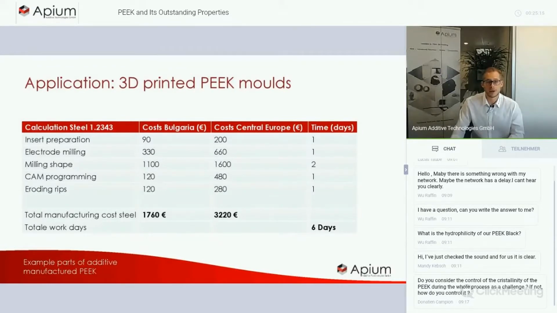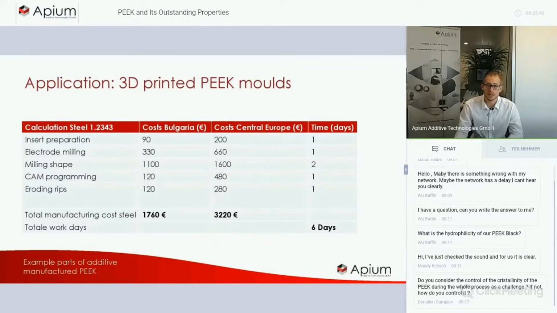The CAM programming is 480 euros and 1 day in Central Europe, and the eroding of the ribs is 280 euros and 1 day, which leads to a total manufacturing cost of 3,220 euros in Central Europe, or almost half of it in Bulgaria. But it takes 6 days until this is done.